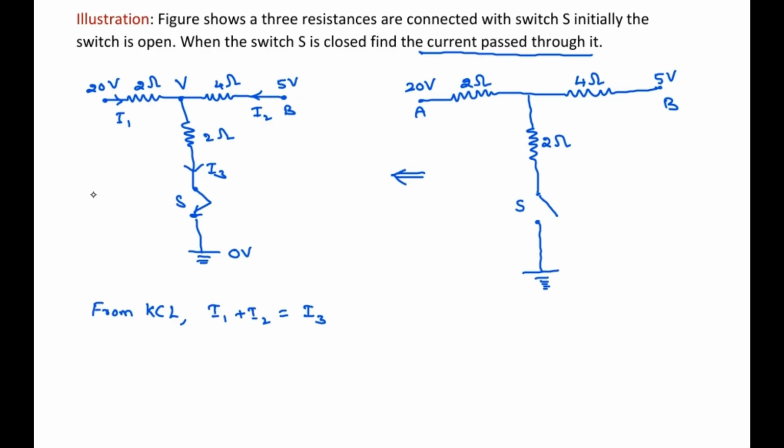I1 can be written as 20 minus V divided by 2. I2 can be written as 5 minus V divided by 4, and I3 is V minus 0 divided by 2. Why am I writing 20 minus V instead of V minus 20? Because the 20 value will generally be higher than V.